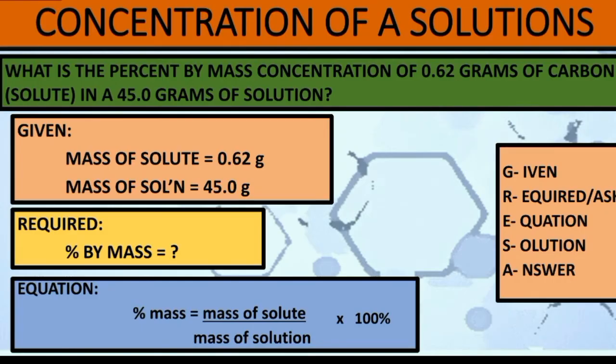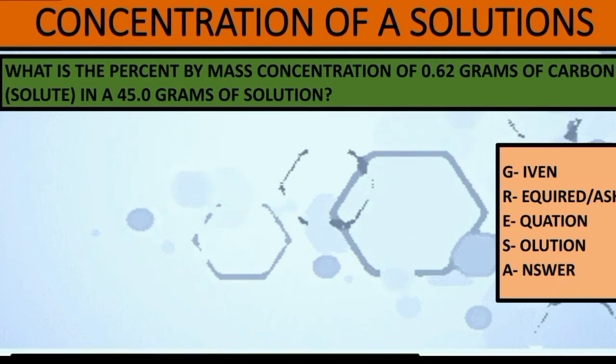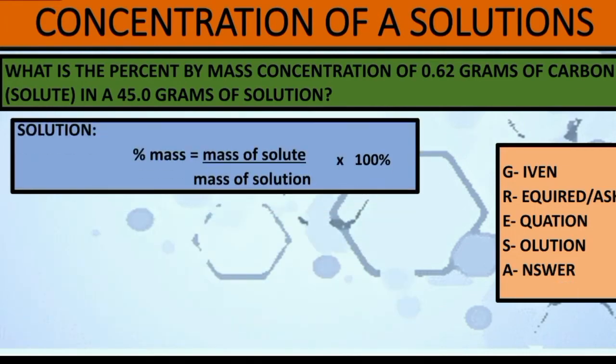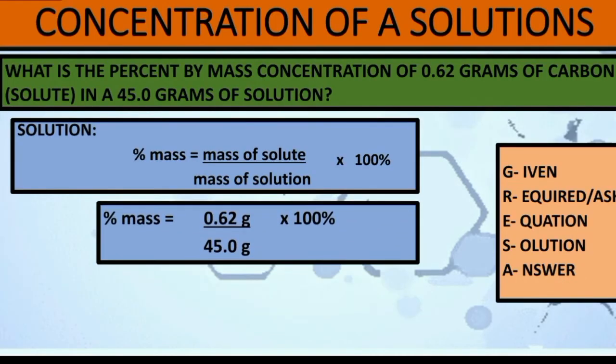After this, let's move on to the next step, which is solution. So write the general formula and then substitute the values. For mass of solute, we have 0.62 grams, and for mass of solution, we have 45.0 grams.